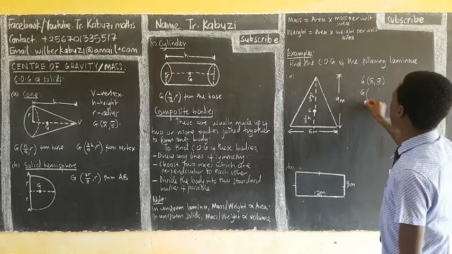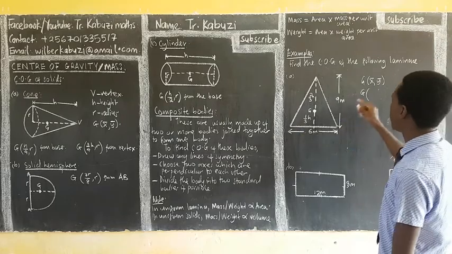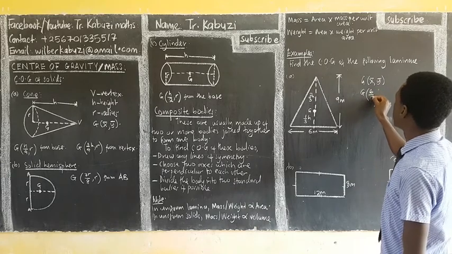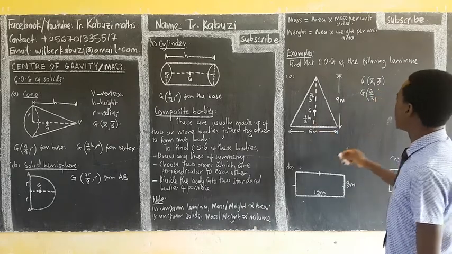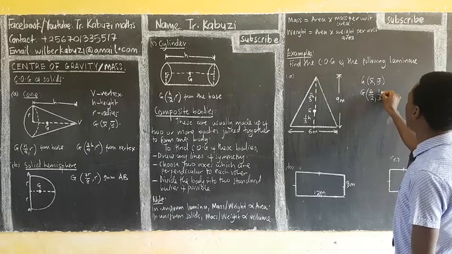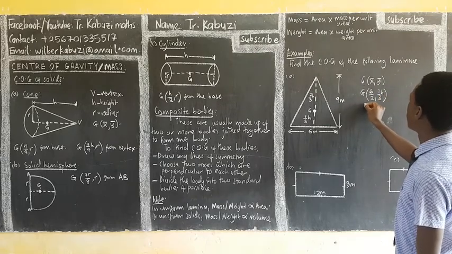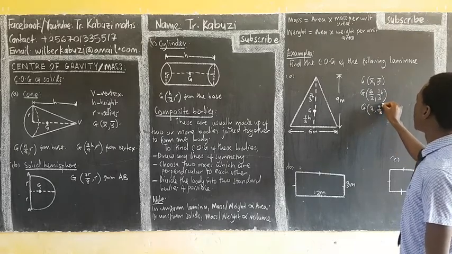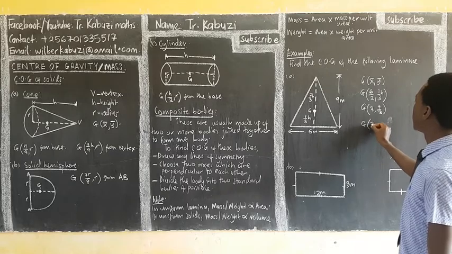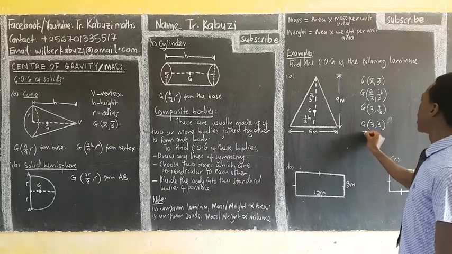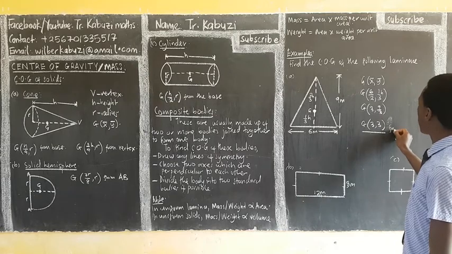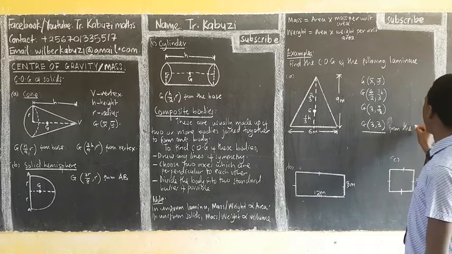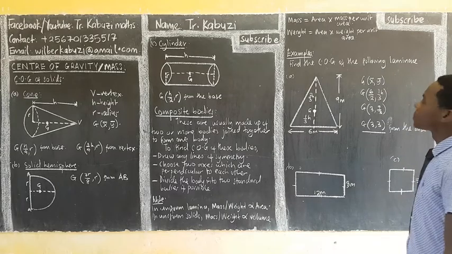So my x coordinate, from here to here, you see, is going to divide this into 2. So I'm going to be adding 6 over 2. Then y, let me say from the base, it's going to be a third of h, which is 9 over 3. And so my answer is going to be 3, 3. As simple as that. Because I used this, so I say from the base.